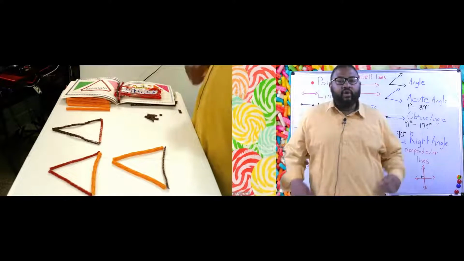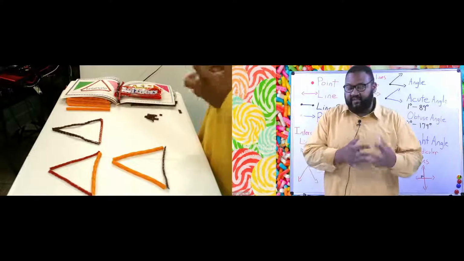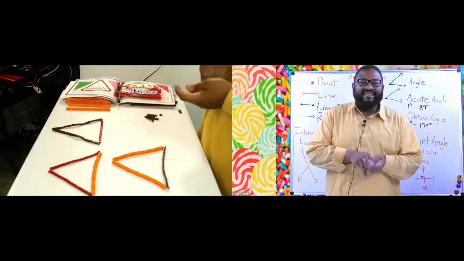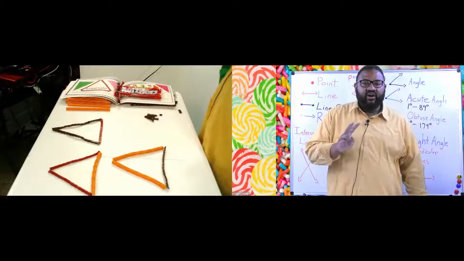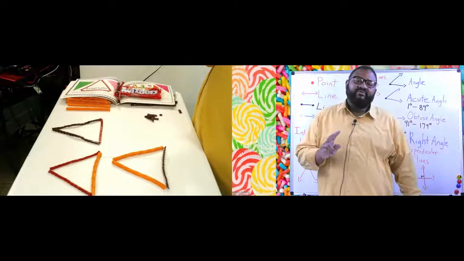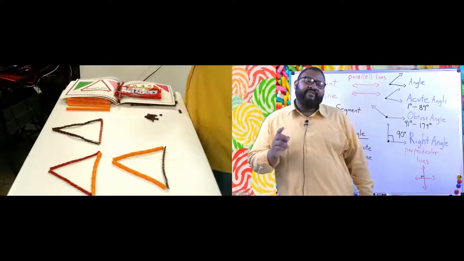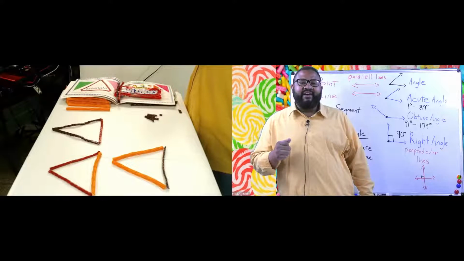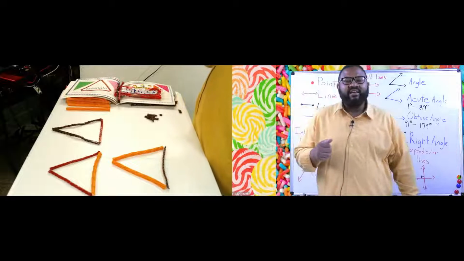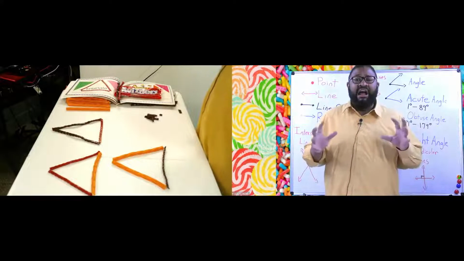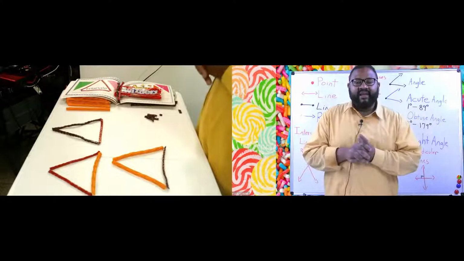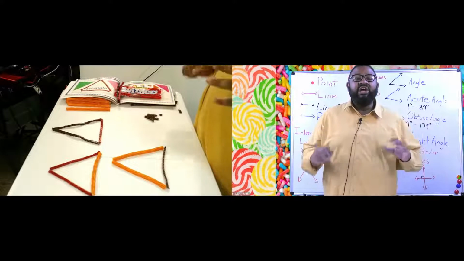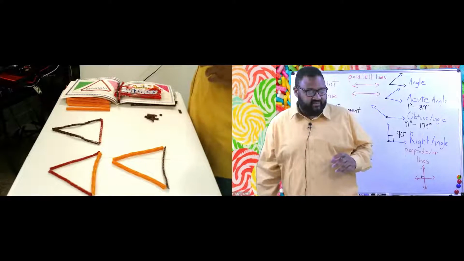Okay, so we got equilateral where all sides are the same, and isosceles where two sides are the same. Okay, so now there's a funny word: scalene. I say scalene because it sounds like a funny, scary word. Because guess what? In a scalene, no sides are going to be the same. Okay?